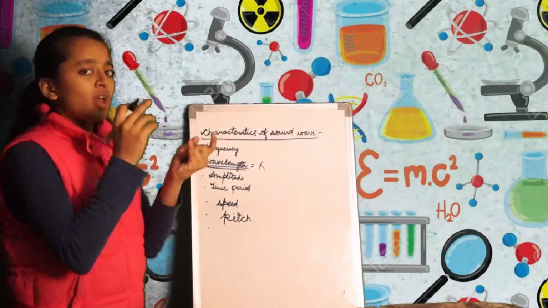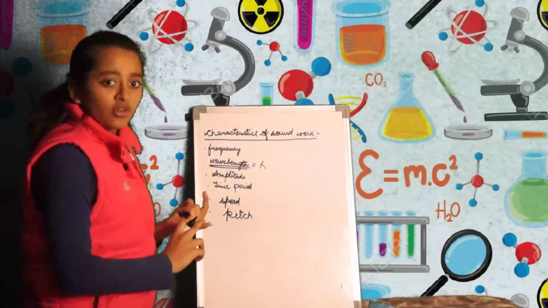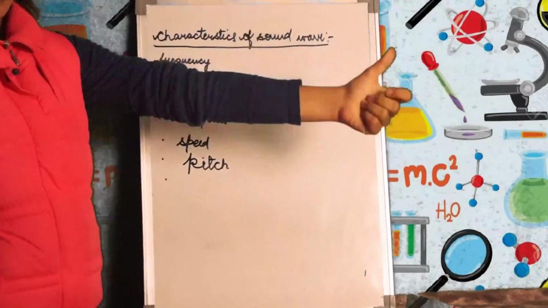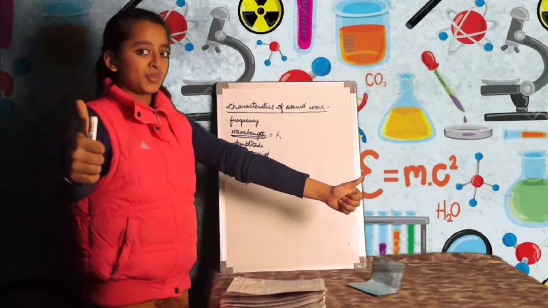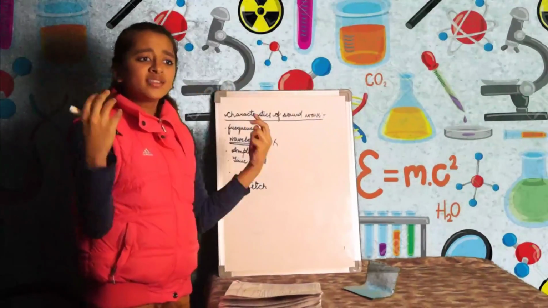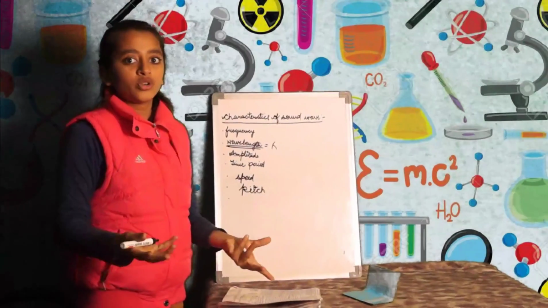Okay, so you have the same pitch and the same loudness or amplitude. Then what are you going to do to differentiate between two voices? Your mother is speaking from one side and your sister is speaking. They both have the same frequency and the same amplitude, and still you have to distinguish between them. So what would you do?